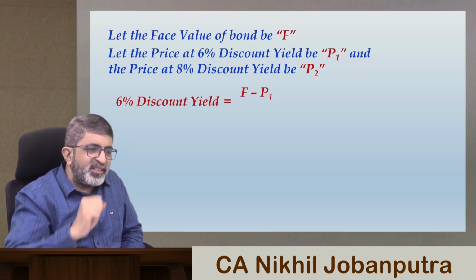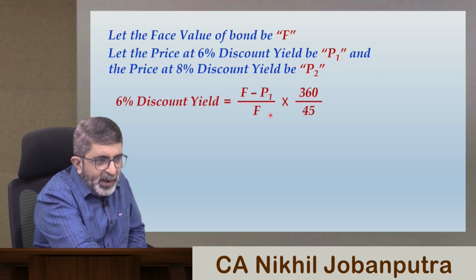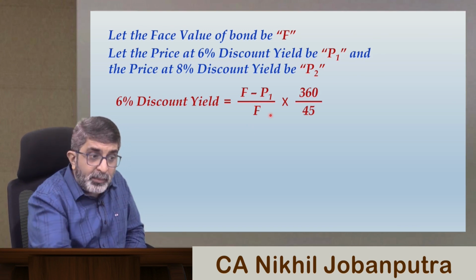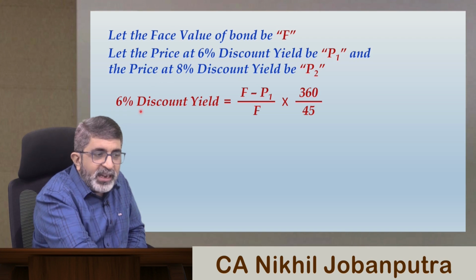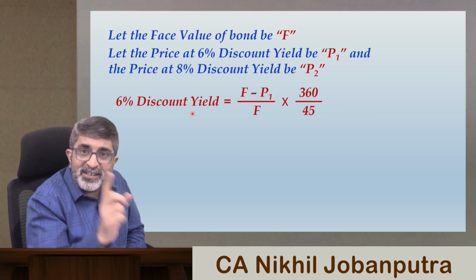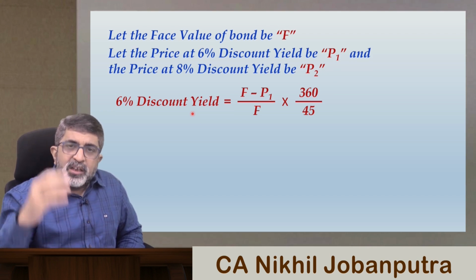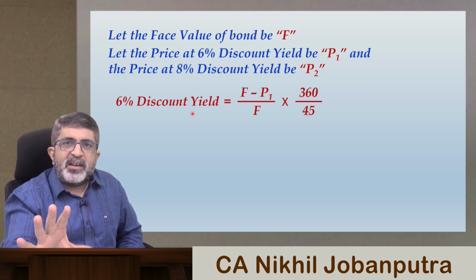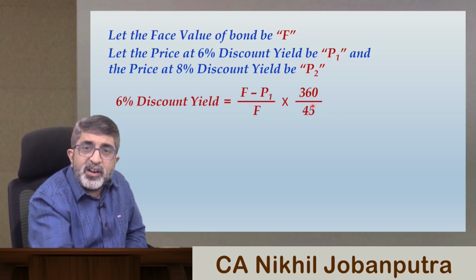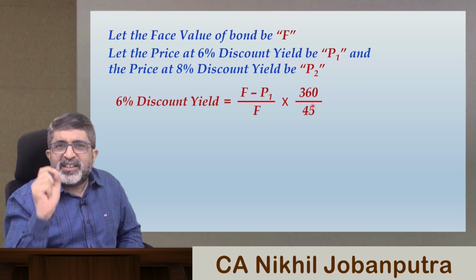So for the 6% discount yield, if you want to compute, this is the formula, F minus P divided by F, same formula, but we are now putting P1 when it is 6% discount yield, and the time adjustment factor will be 360 by 45. Keep in mind one thing, the moment on the left hand side of the equation you find the words discount yield, you should be clear in your mind that the number of days to consider for annualization must be 360 days.